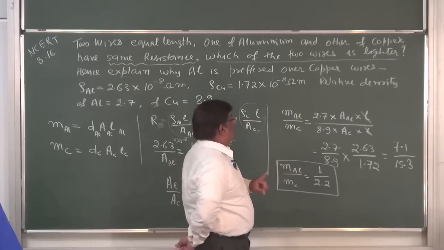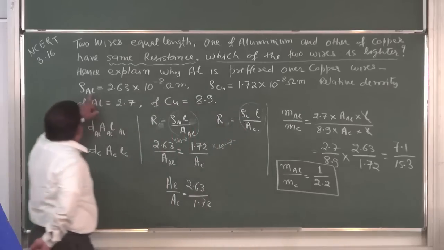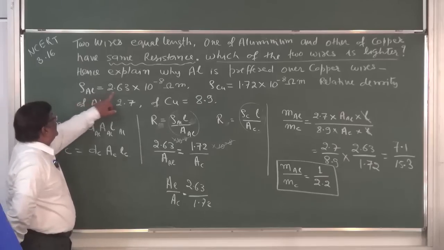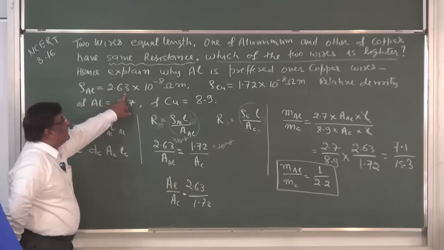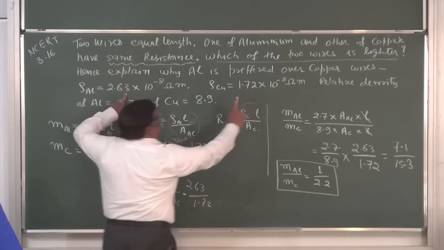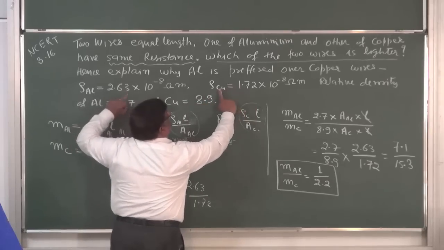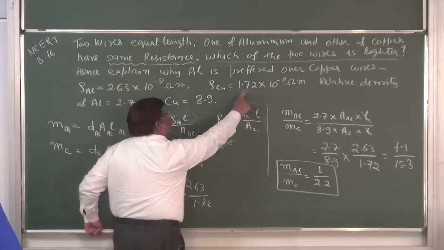जबकि हमको क्या बोला जाता है? The specific resistance of aluminium is this 2.7, और कॉपर का कितना है? 1.72. Which is a better conductor? Copper is a better conductor, क्योंकि इसकी रेसिस्टिविटी कम होती है.